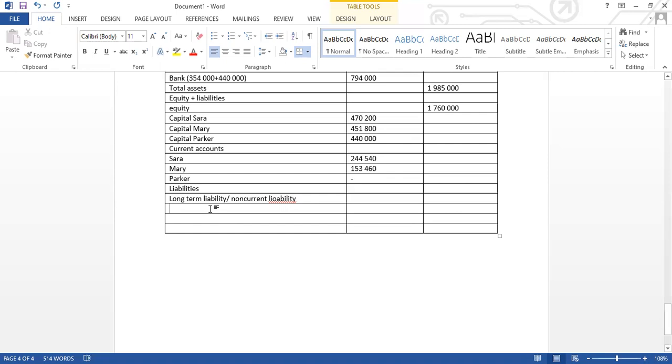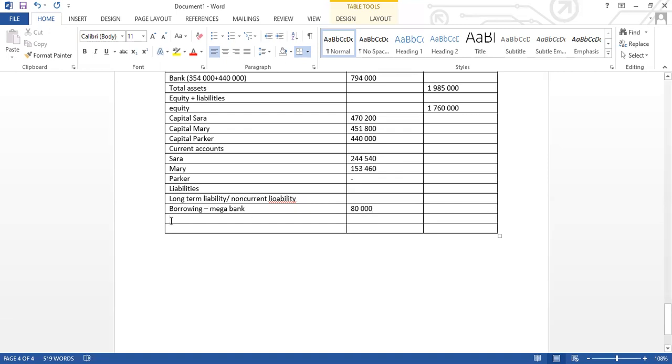Are we together? Yes. That borrowing was never affected by the admission of Parker. So you just record it as it is, Mega Bank of how much? Of 80,000. So that is the only long-term borrowing that we have.